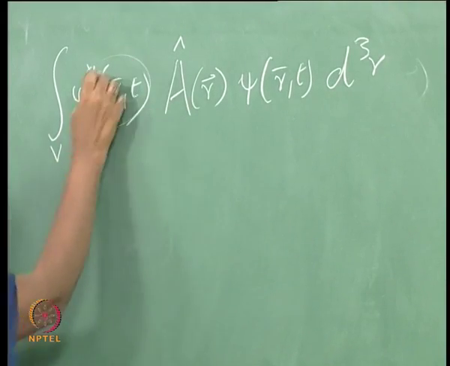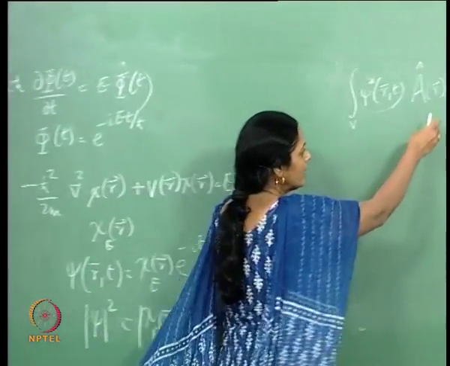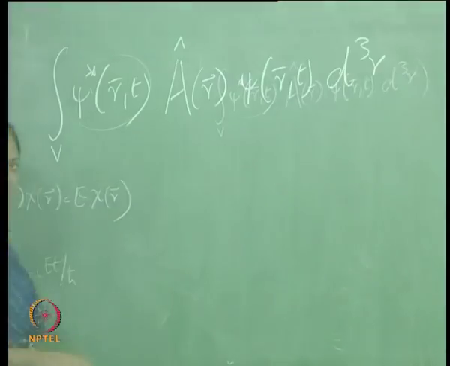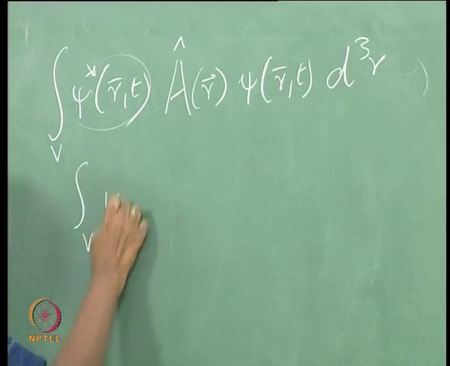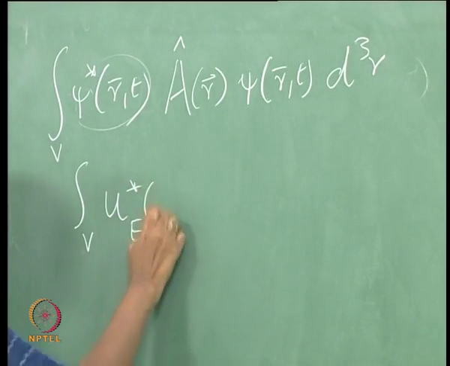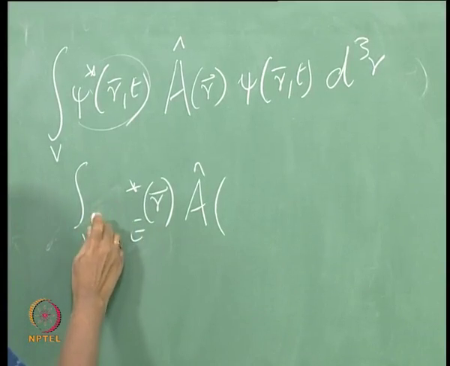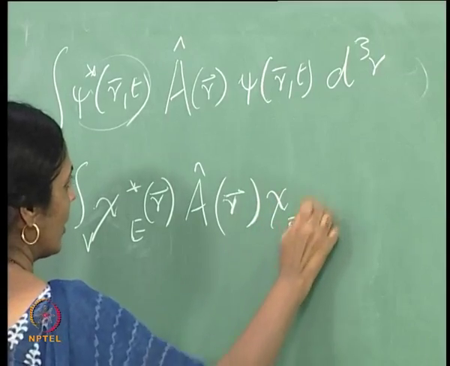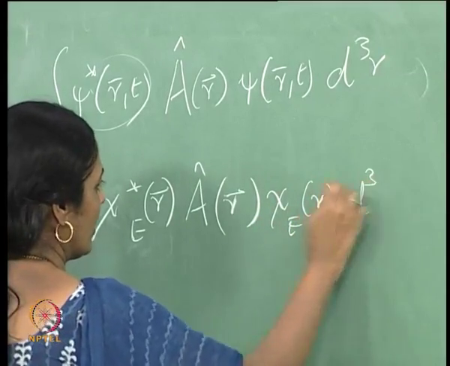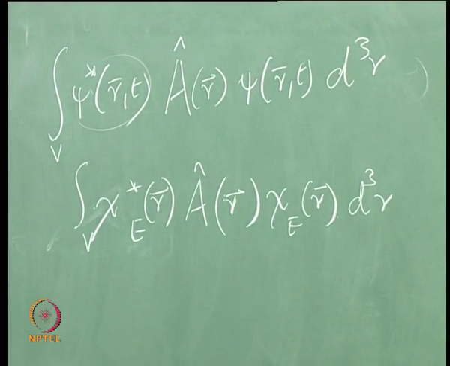It is clear that this part has e to the iEt by ħ, and the ψ here has e to the minus iEt by ħ, which cancel out, and therefore it is really like doing χ_E star(r) A(r) χ_E(r) d cubed r, and therefore expectation values do not depend upon time. For all times I have the same expectation value.